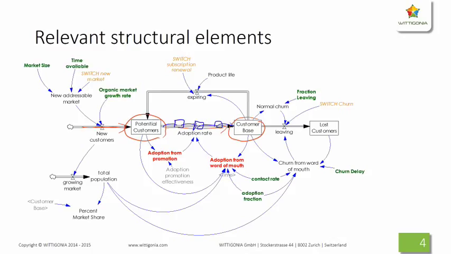The customer base then also will need to be renewed because the products or the subscription are expiring at a certain point in time, which is determined by the product life. What is important is that the churn will also lead to a group of customers which are leaving the system, and they potentially draw in other customers through this word of mouth cycle, which is a positive reinforcing feedback loop.